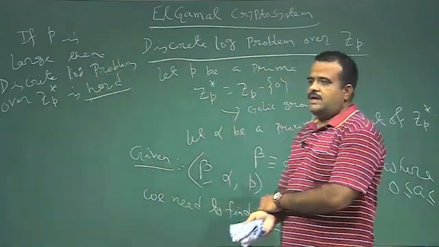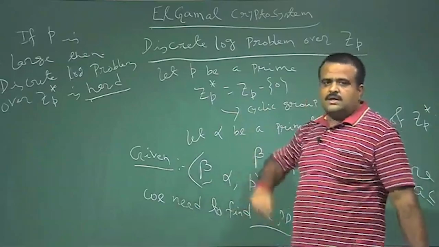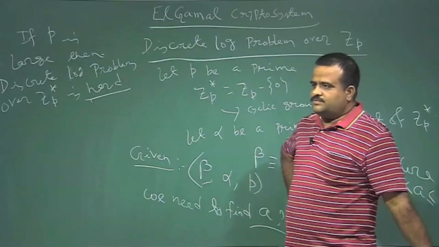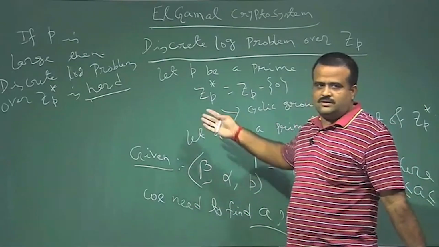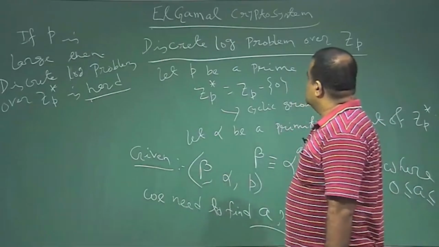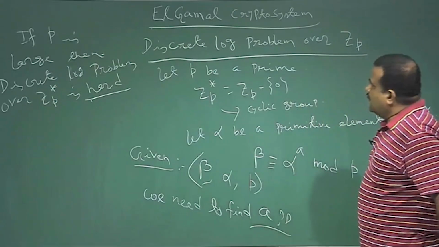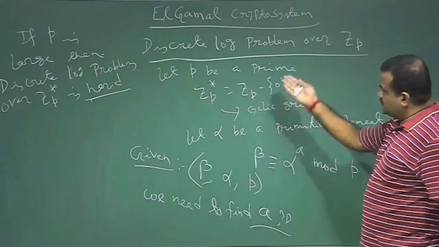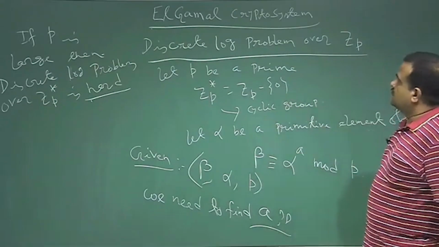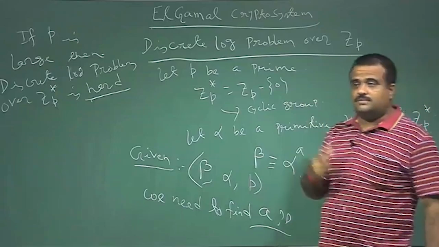This is the discrete log problem, and we have seen that the Diffie-Hellman key exchange protocol is also based on it. Now the public key ElGamal is based on the hardness of the discrete log problem, like RSA is based on the hardness of factorization.